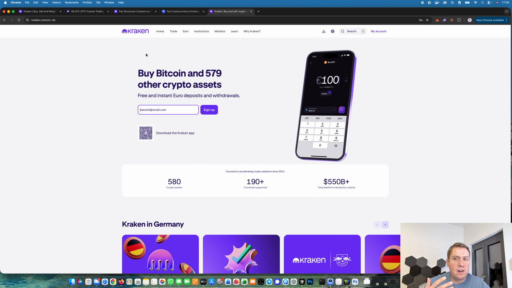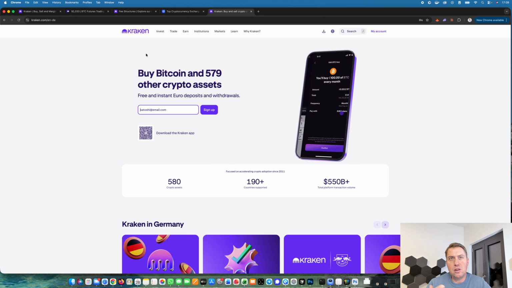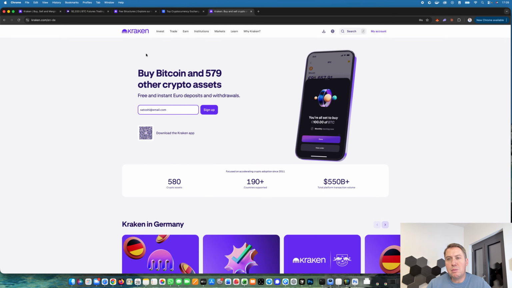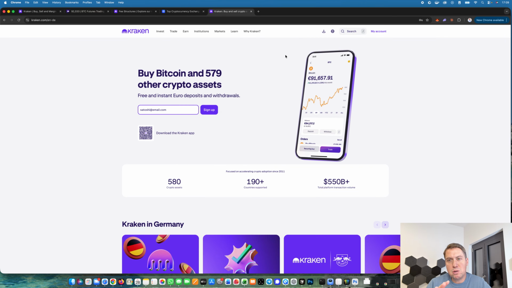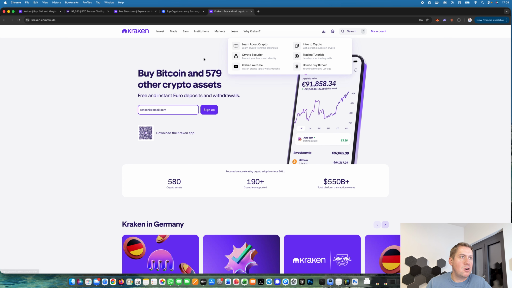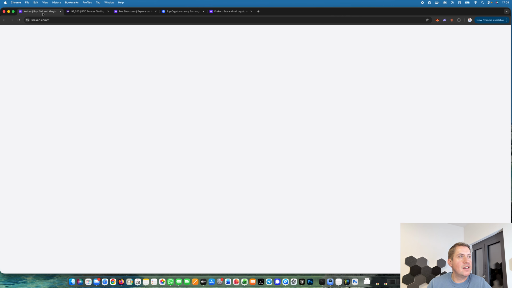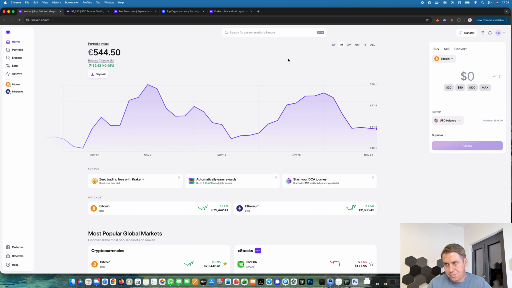You need to verify your identity in order to also be able to deposit and withdraw money in your local currency into your bank account. For example, for me, I can just deposit euros there via my bank account or via a money transfer, and I can also withdraw to my bank account, which is very convenient. So once you signed up and you verified your identity, you can actually start trading there.